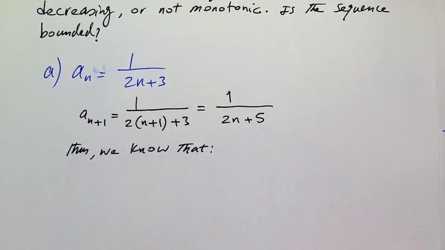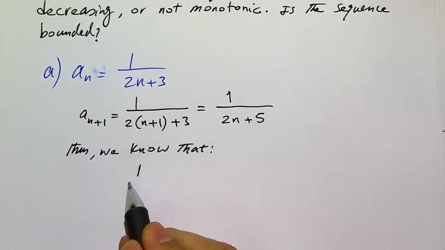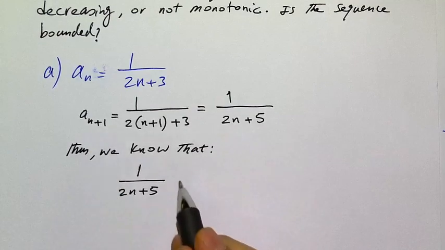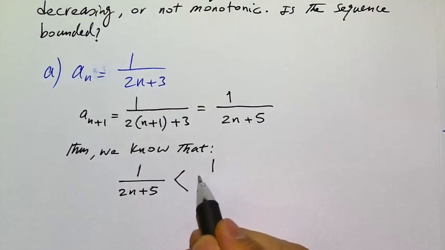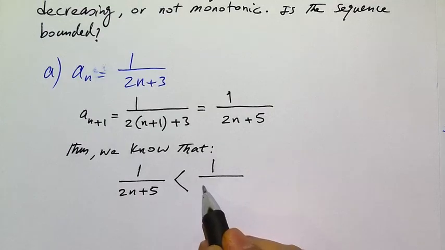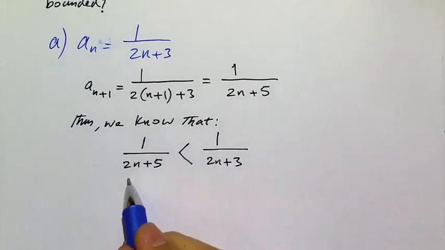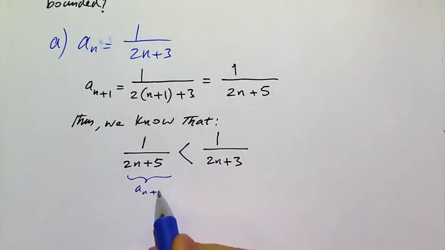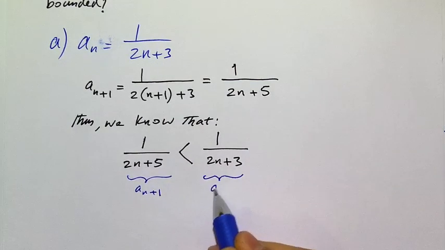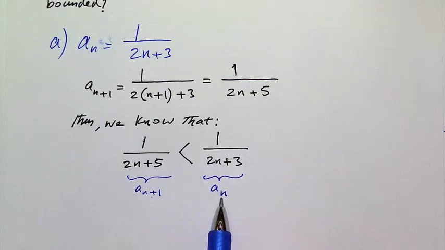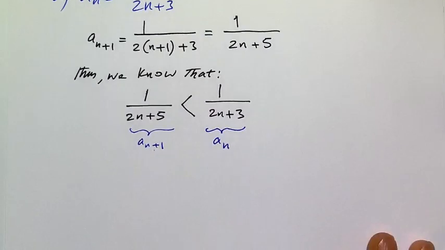We know that 1 over 2n plus 3 is a sub n plus 1, and this is a sub n, right? A sub n plus 1 is less than a sub n. So in this case, we have a decreasing sequence.